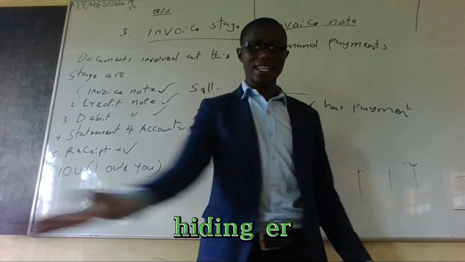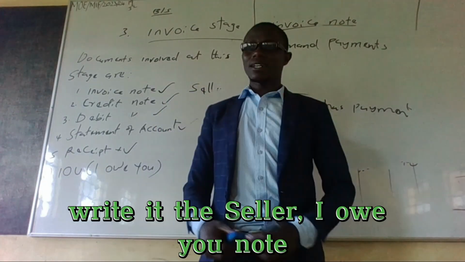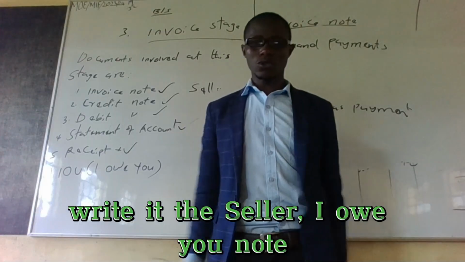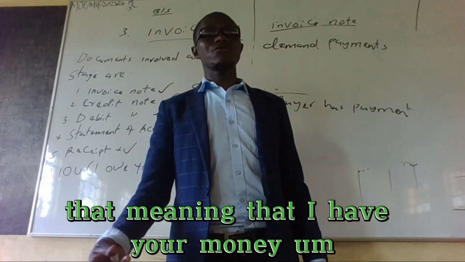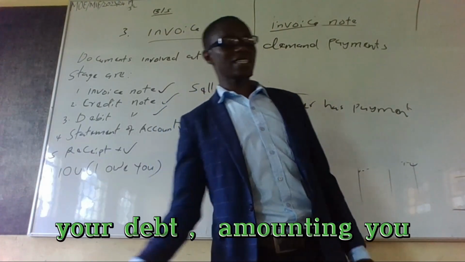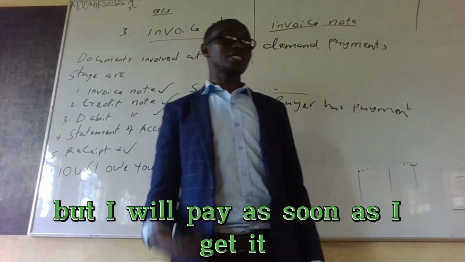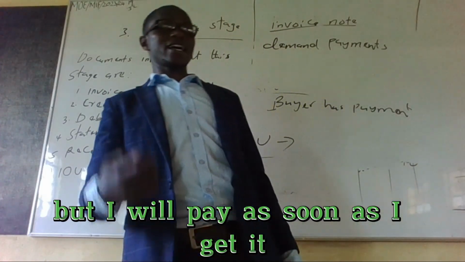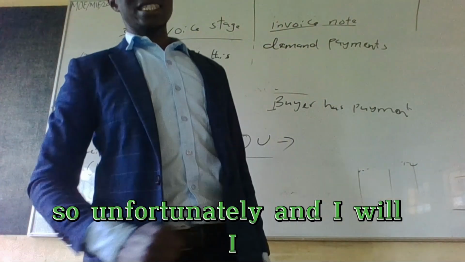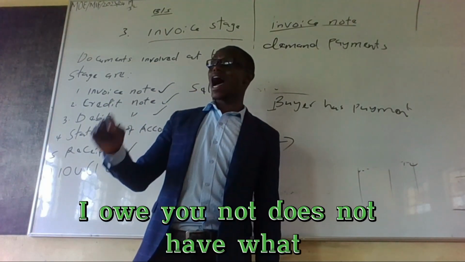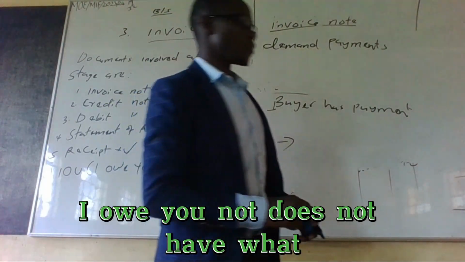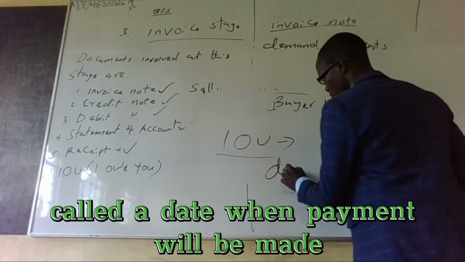You stop hiding from the seller. Write it to the seller, an I owe you note, meaning that I have your money, your debt, amount due, but I will pay as soon as I get it. So unfortunately, an I owe you note does not have a date when payment will be made.